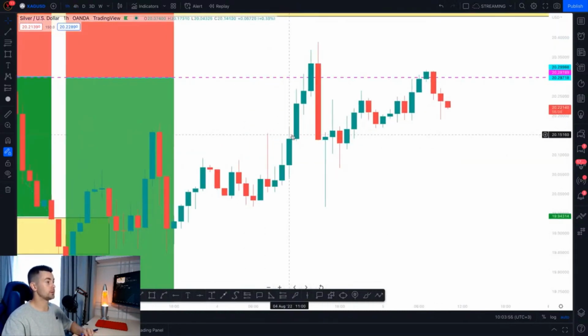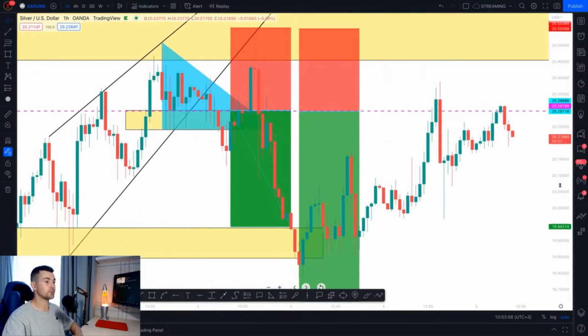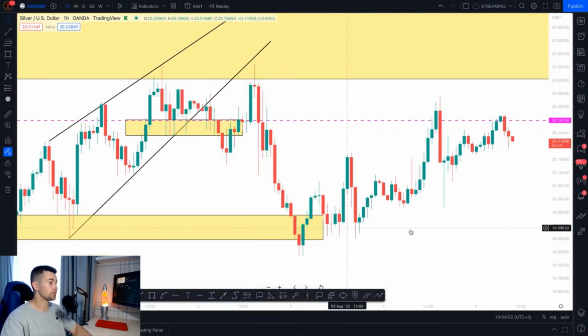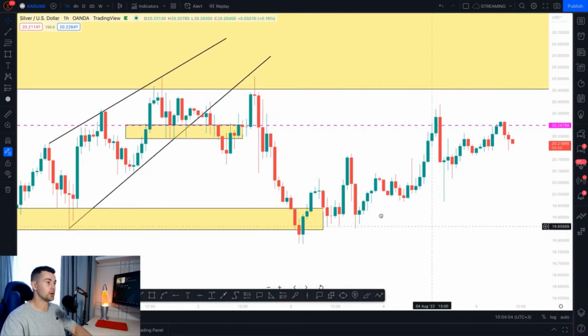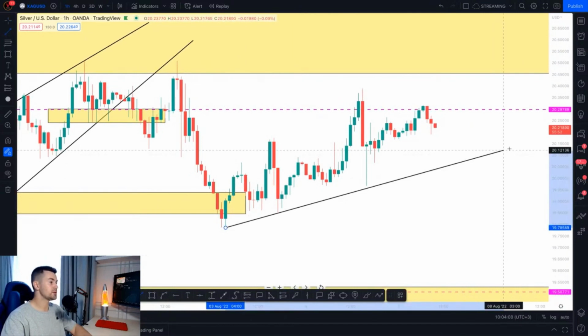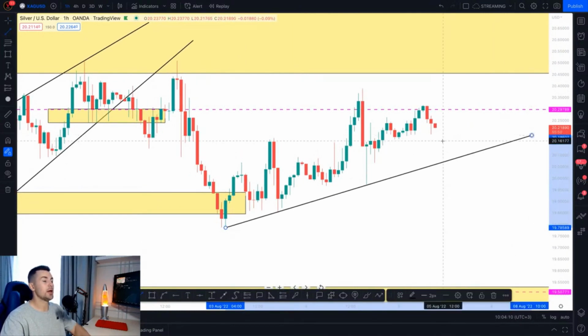on silver from a current perspective, let's take away all these drawings and let me show you what I see right here. As you can see, we are respecting that trend line. And I assume the next strong bearish movement will initiate on silver after a breakout of the trend line to the downside. So watch carefully the reaction of the price to that.